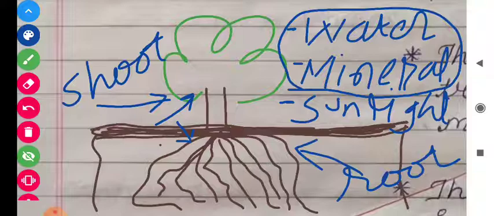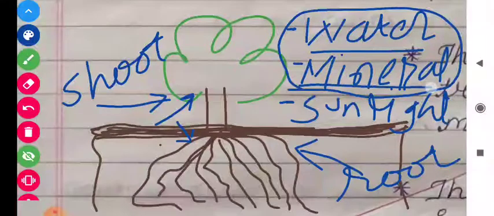So the ultimate function of the roots is to absorb that water and minerals from the land. The minerals are taken up by the roots from the land, and the water that we are supplying is taken up by the roots. Okay, so this is it.